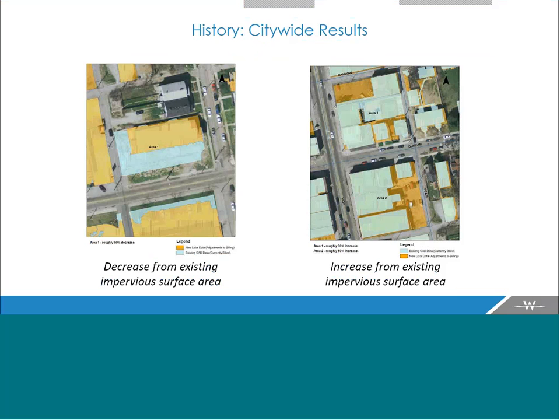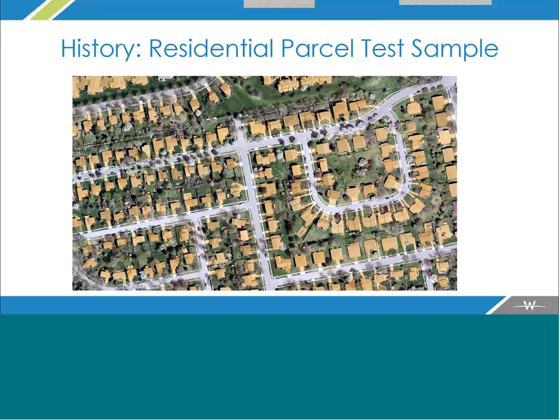On the left-hand side, you're seeing a decrease from the existing impervious area, but on the right-hand side, you're seeing an increase. So it allows you to be confident in your results and to also be able to defend your results if the need arises.